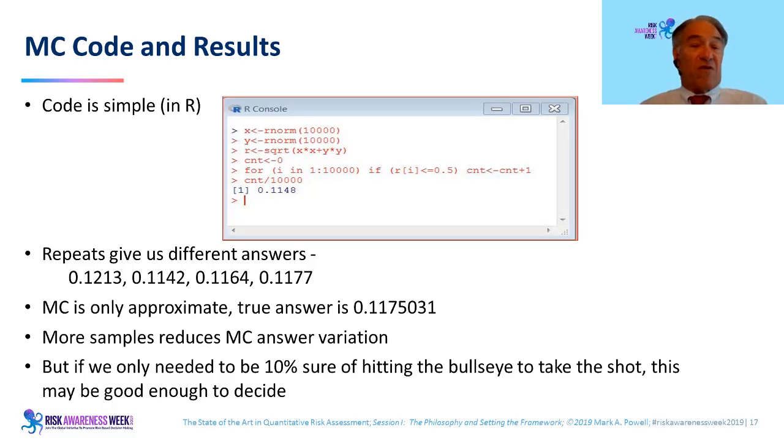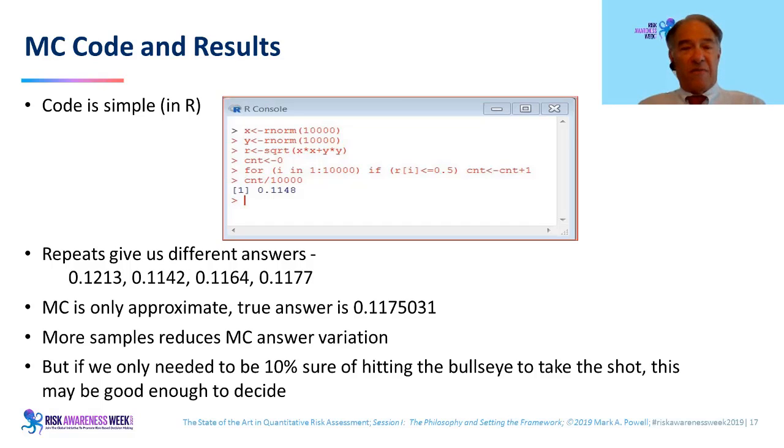But in this particular example, if in order to take the shot, we only needed to be 10% sure after getting 5 answers, very, very easy, very, very quick to do, that are all greater than 10%, it might be good enough to decide to actually take the shot. But we don't know. The true answer might be less.